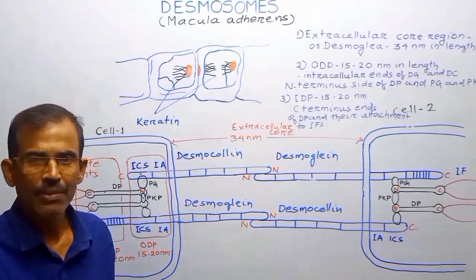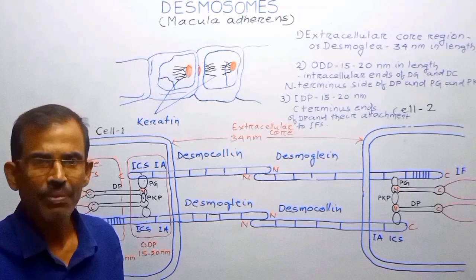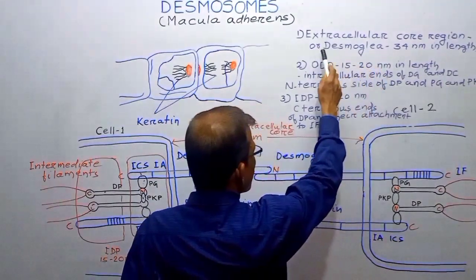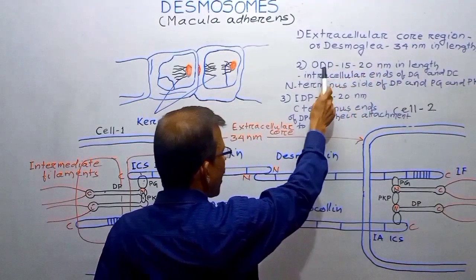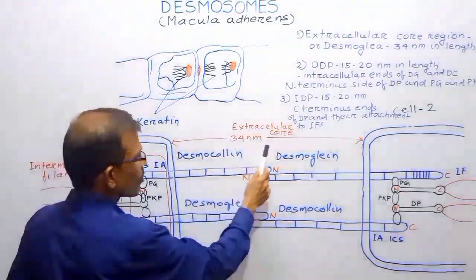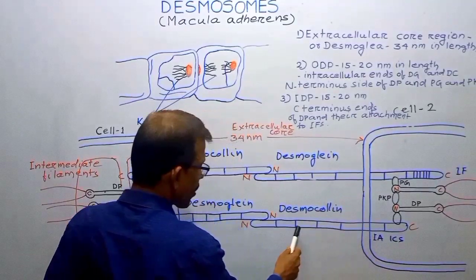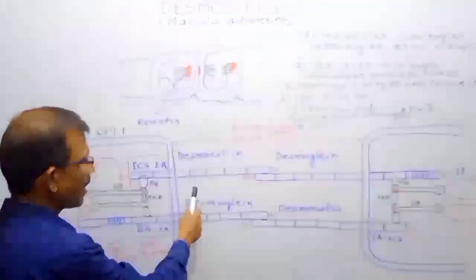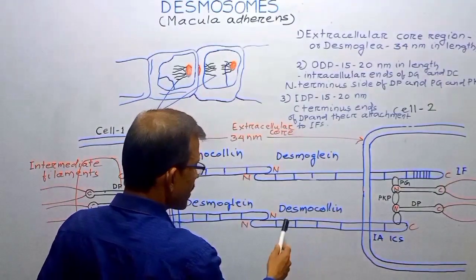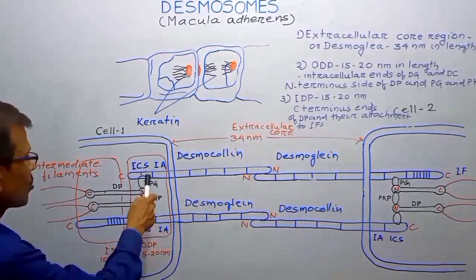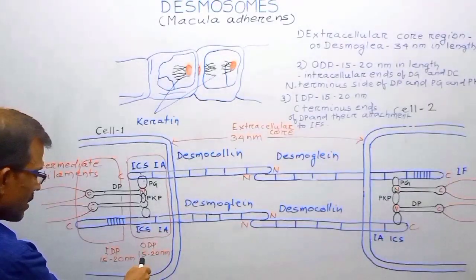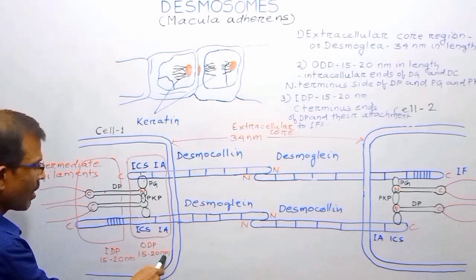Desmosomes can be divided into three morphologically identifiable zones: the extracellular core region, also known as desmoglea, the outer dense plaque and the inner dense plaque. The extracellular core region is about 34 nm in length, and contains the extracellular domains of desmogleins and desmocollins. The next zone is the outer dense plaque. The outer dense plaque is about 15 to 20 nm in length.